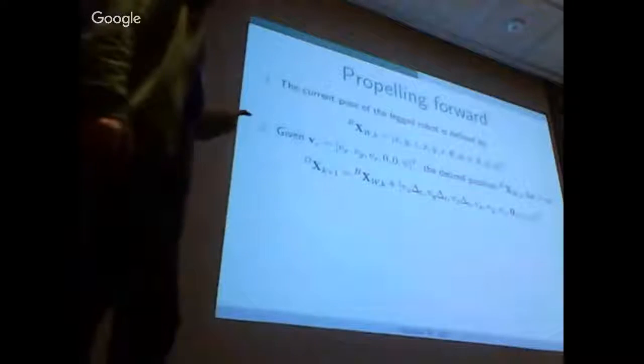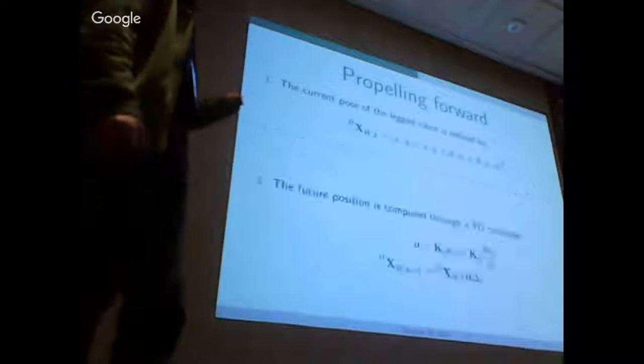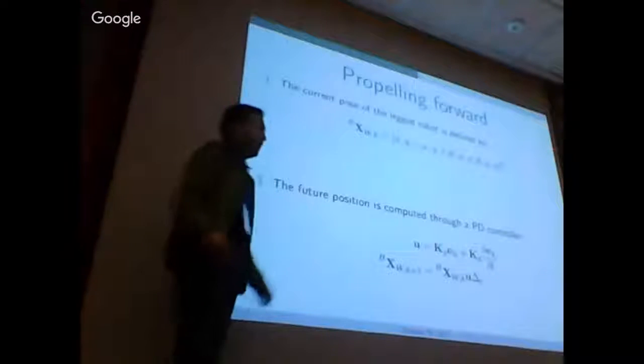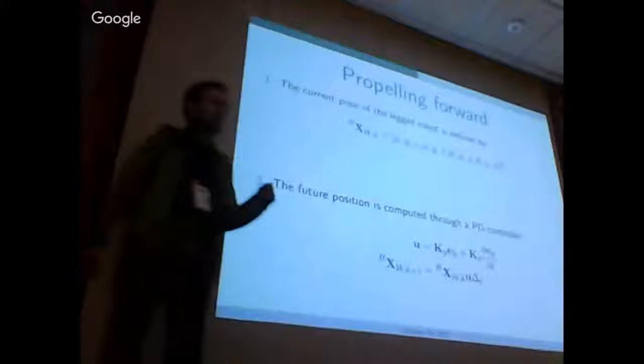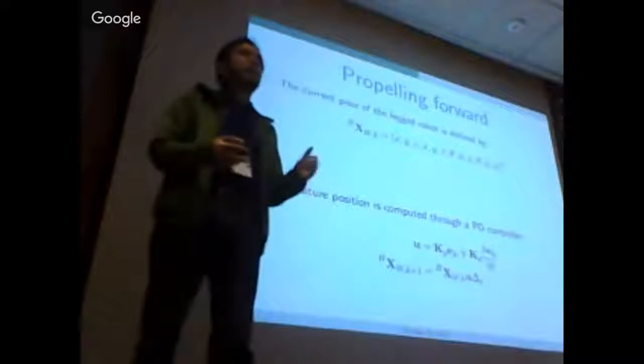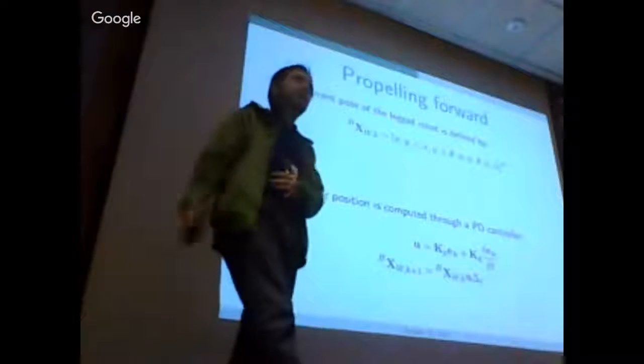So given this desired position for the center of mass, we then use a PV controller to propel the body of the robot forward. And to support this movement, the support tripod has to be reconfigured so that we get a slip-free motion.